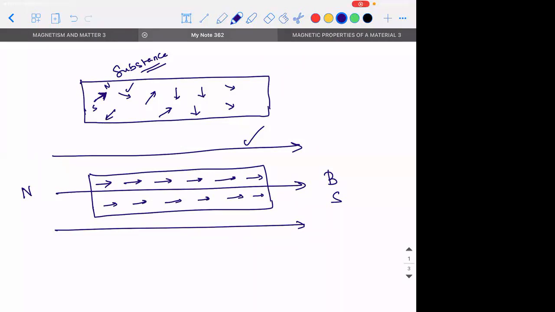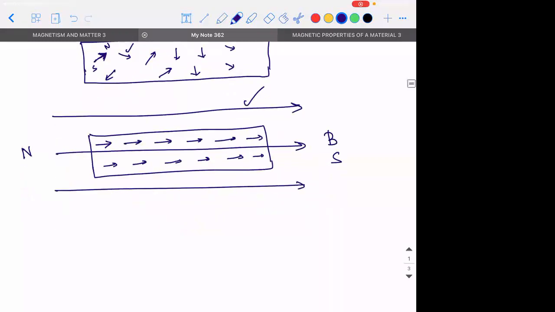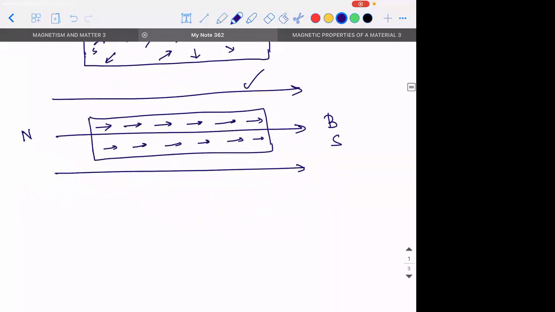Guys, yes. It is something similar to a dielectric placed in an external electric field. So instead of a dielectric, what are we doing in this context? We are taking a magnetic substance and placing it in the presence of an external magnetic field. When we do this, the dipoles will get arranged in such a way that there will be a net dipole moment which is not equal to zero.